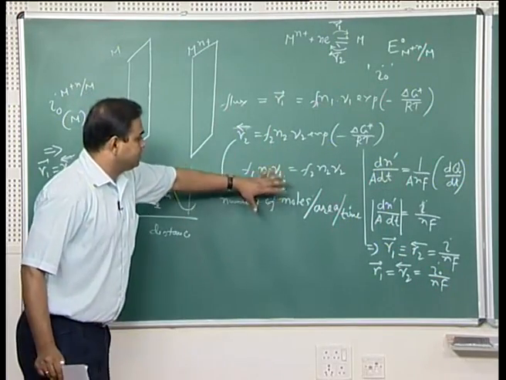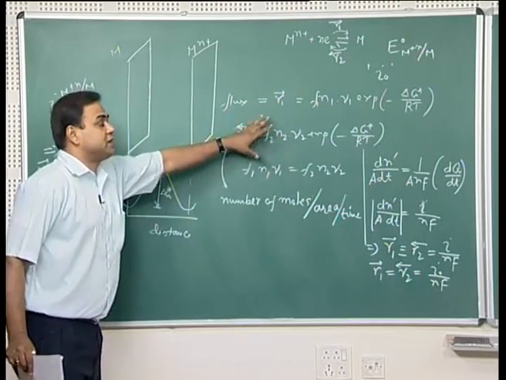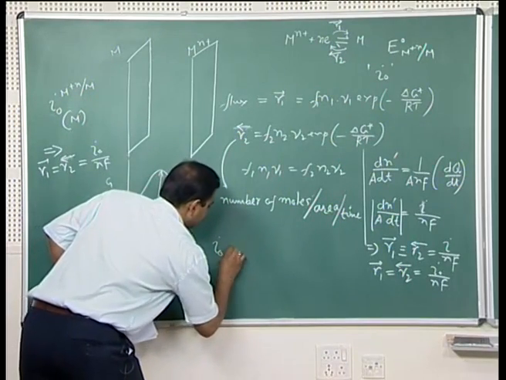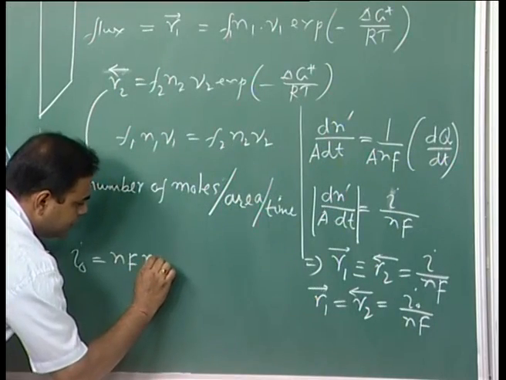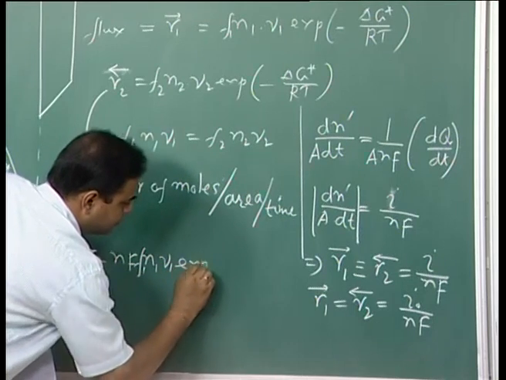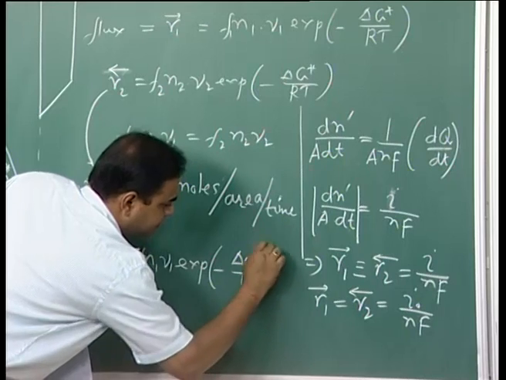Now, if I put this I0 by NF instead of R1 or R2, since these two are equal in the equilibrium, I can get I0 equal to NF N1 nu 1 F1 exponential minus delta G star by RT.